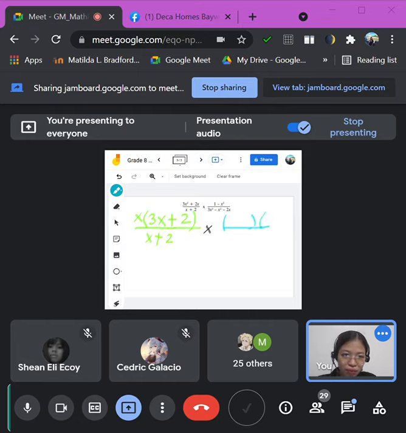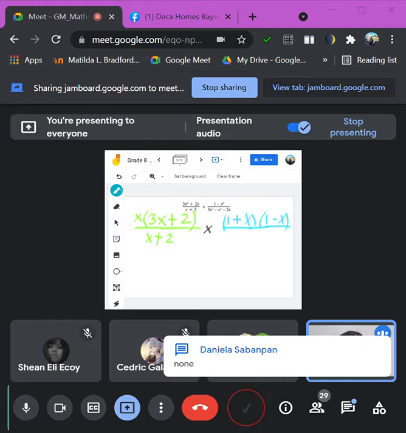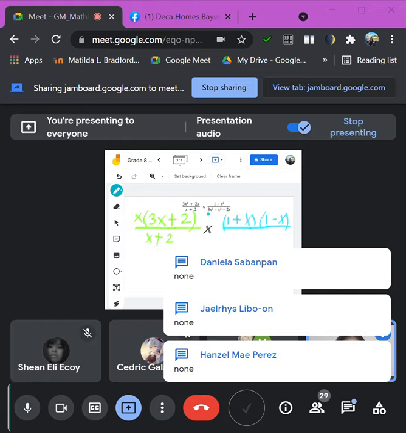So, you can have two parentheses, and then we have 1 plus x and 1 minus x. Okay, class? So, even though nabali iyahang form, kay naa man tayo x squared minus 1, pwede pa siyang ma-factor. Okay. Any questions? Okay, wala ra.